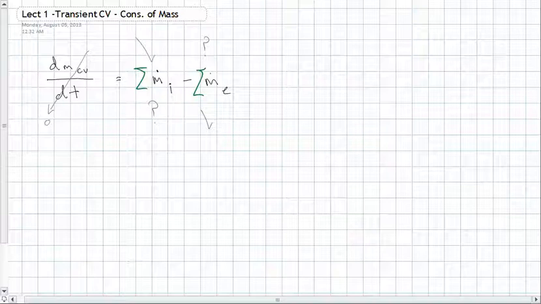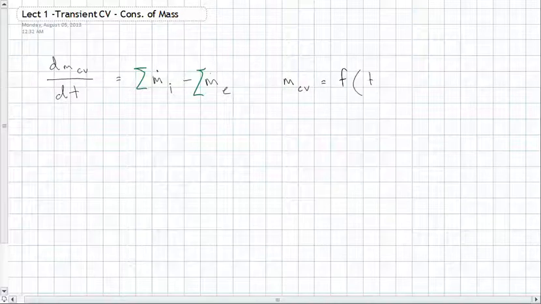So let's explore a situation where this doesn't go away, and we need to deal with essentially an ordinary differential equation where mass in a CV is a function of time and perhaps other parameters. Here's an example to help us learn the process, so to speak.